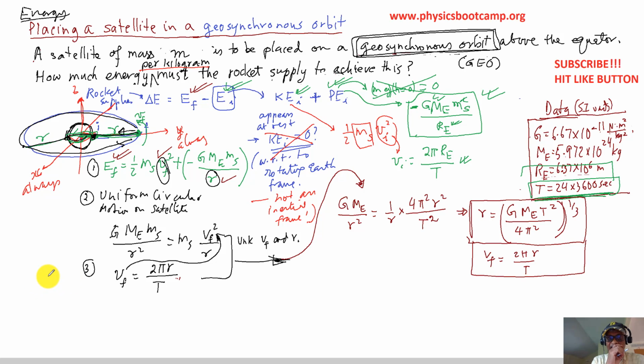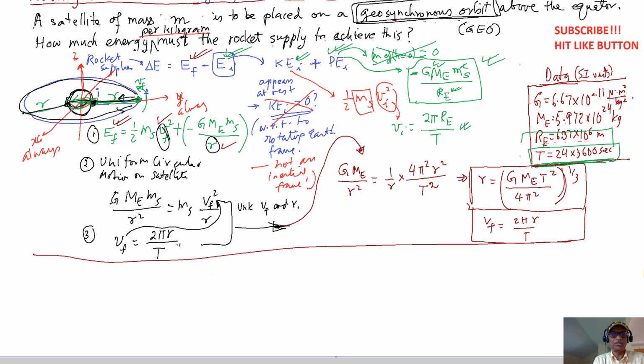So putting it all together, let's summarize the formula so we can plug in numbers at the end. Delta E should be equal to the kinetic energy final, which is a half. I'm also going to divide by m_s everywhere, since that's the thing we want to find. So it'll be half V final squared, and I'm going to put together this potential energy with this other potential energy in one place, minus half V_I squared.